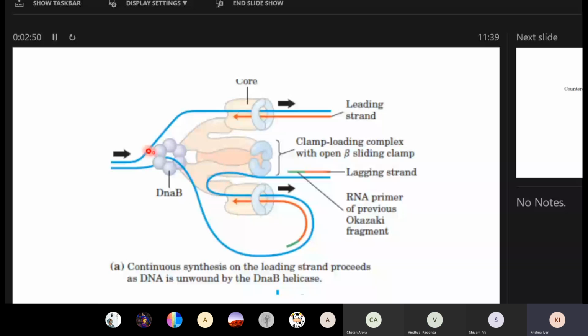Now if you see this shape here, when the DNA has been twisted like this, it looks like a musical instrument. I don't know whether you have seen this musical instrument called a trombone.